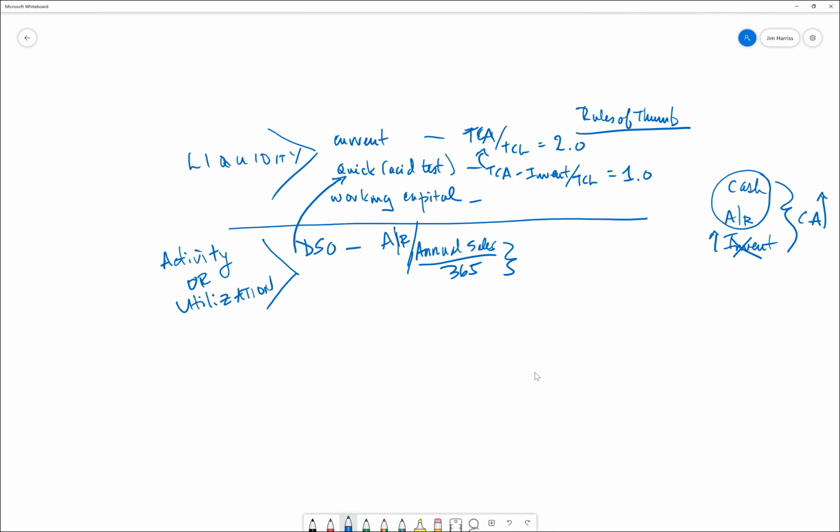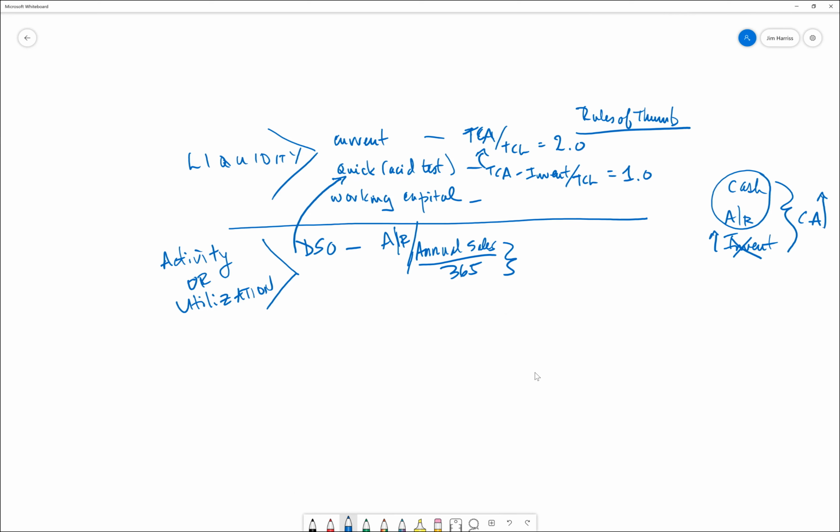We're going to check to make sure that the quick is fairly in line with where it should be compared with what I call peers, which are companies in the same industry that also have the same size assets and same size sales.